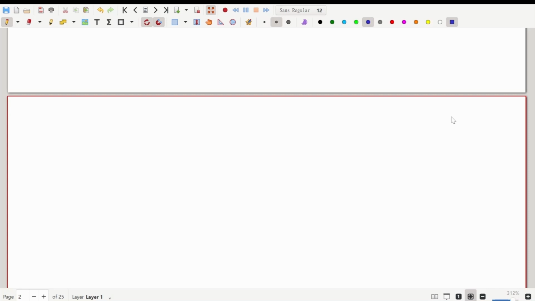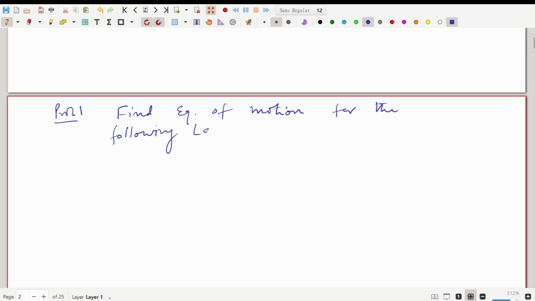So, in this tutorial class, problem 1: find the equation of motion for the following Lagrangians. So, two Lagrangians I will consider.